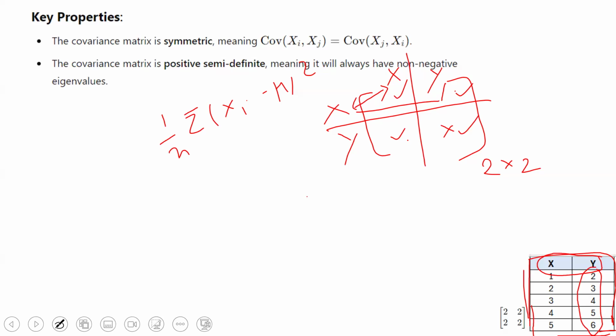Variance along the x-axis is 2 and variance along the y-axis is 2.